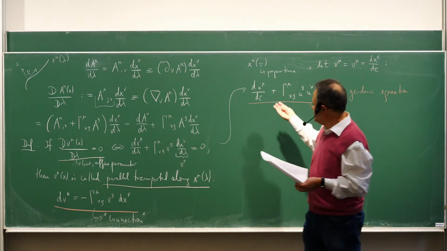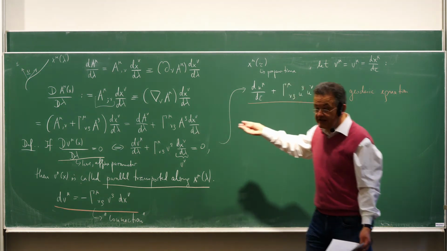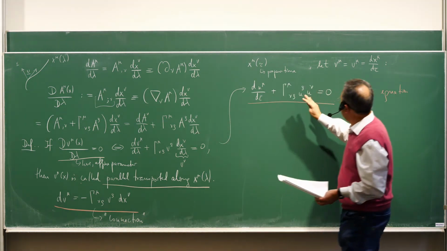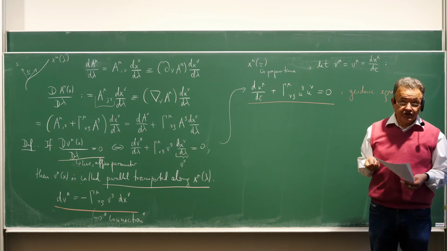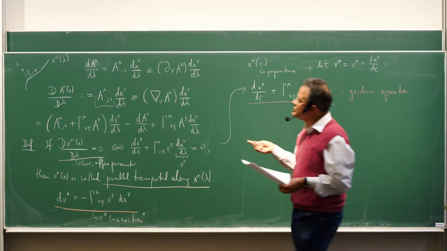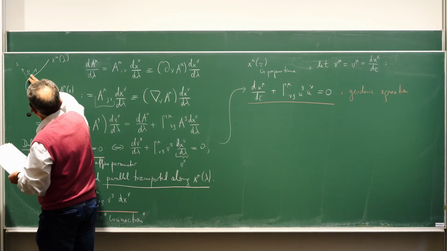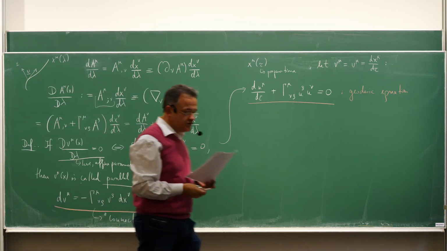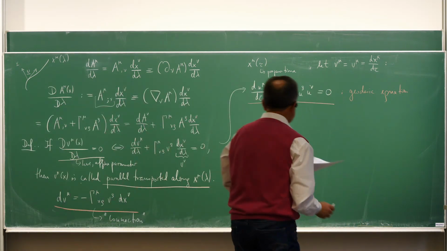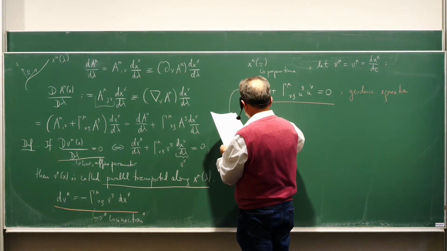And what does this equation tell in this context? It tells a geodesic parallel transports its own tangent vector. So this tangent vector is parallel transported along a geodesic.